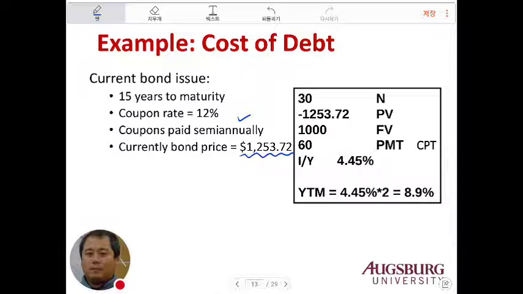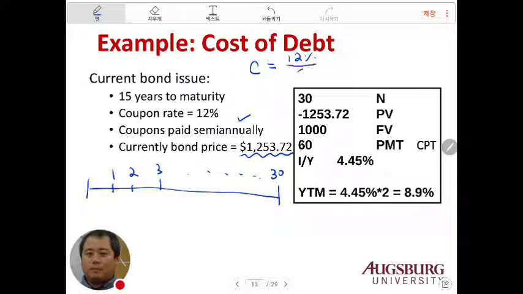And if you compute the YTM on this debt, then this bond will pay 30 times coupon because this is semi-annual, and the coupon amount is coupon rate, which is 12%, divided by 2 because this is semi-annual, times 1,000, which is par value. So $60 every period for 30 times. And finally, it pays $1,000 par value back.